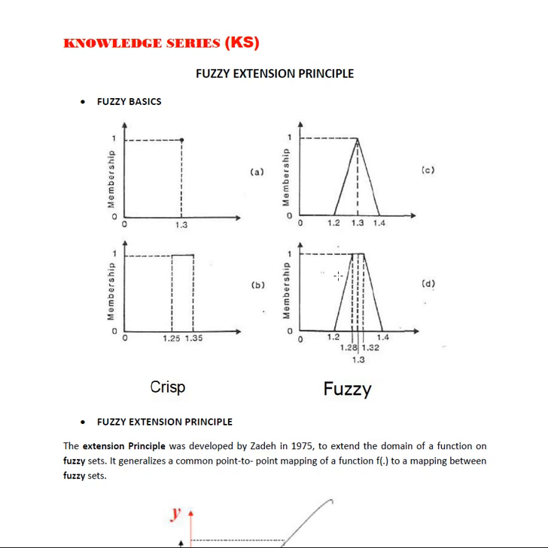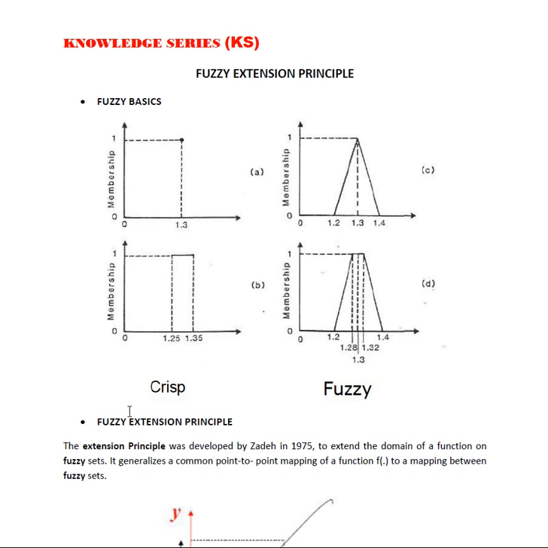Now, the crisp, as the term you have already seen in my earlier slides in the video series. Crisp logic is basically binary values, that is either a 0 or a 1. On the other hand, fuzzy logic has values which range between 0 and 1.